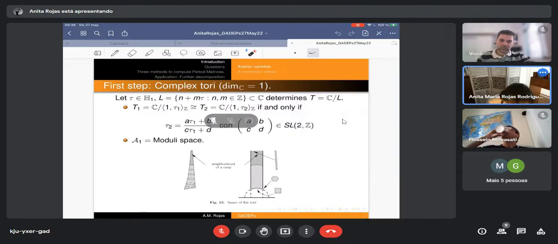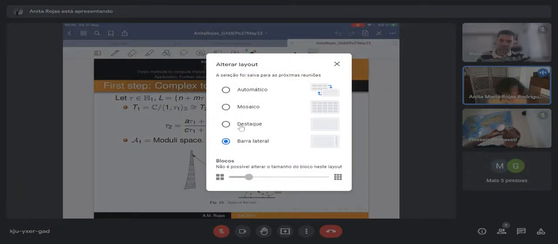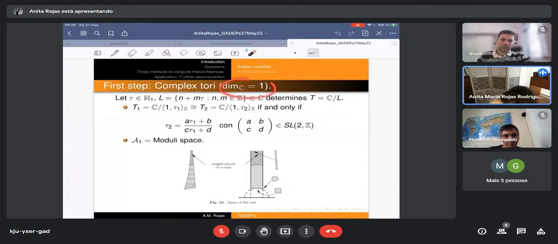So the first step towards this abelian varieties stuff is the complex tori of complex dimension 1, which is the following manifold. Let's take a complex number tau in the upper half plane and build this lattice, the integral combinations of 1 and tau.